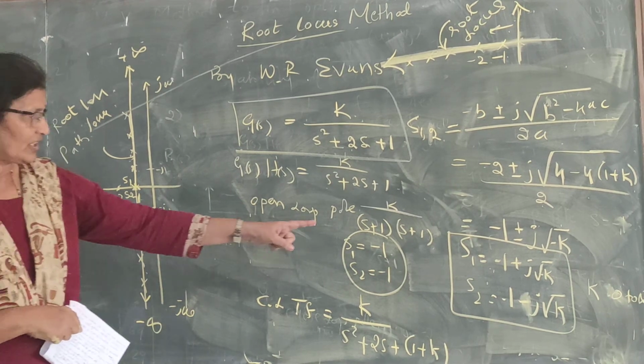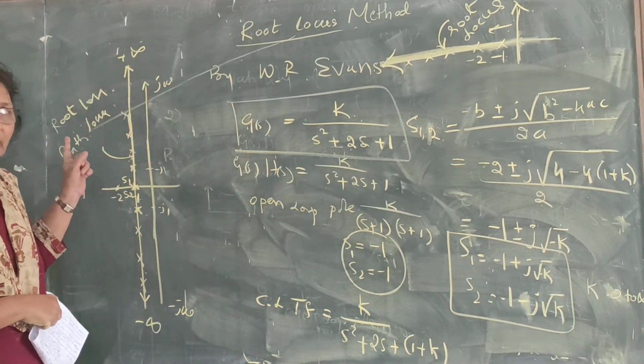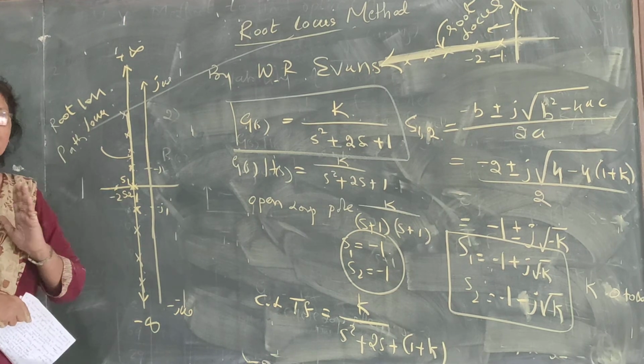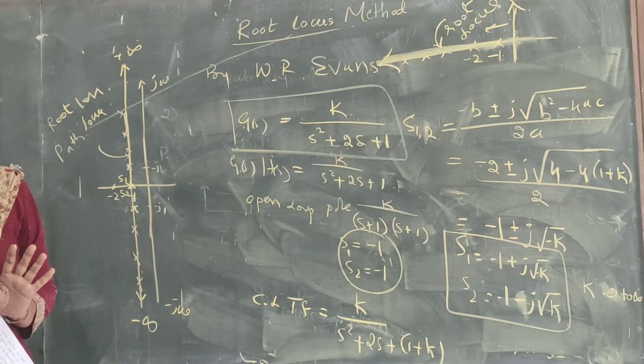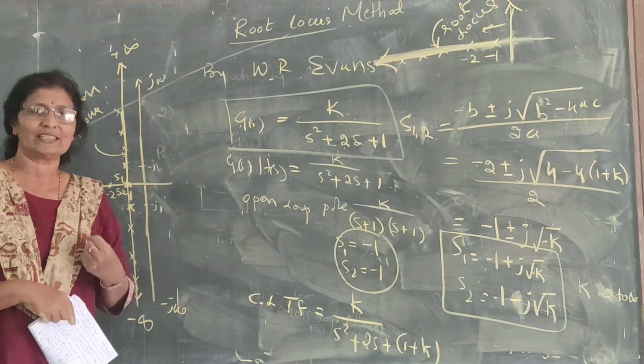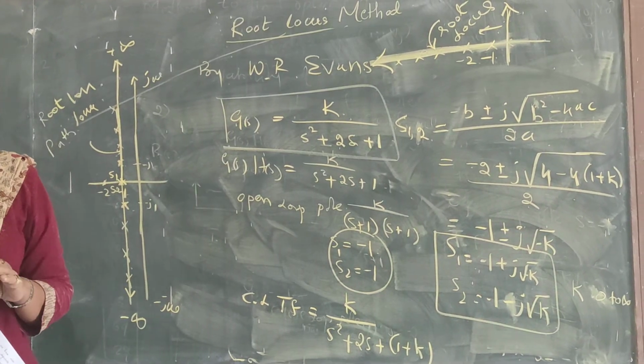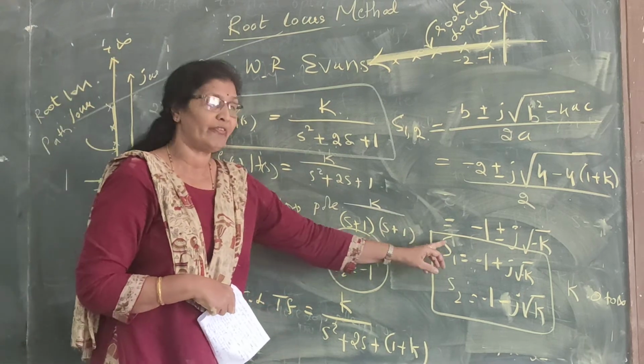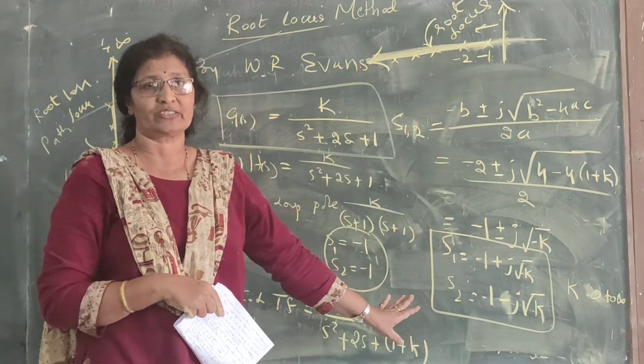So the effect of k on the system design is what? It keeps the system in a stable condition only, by varying the value of k. You can sketch the root locus of a simple system by manually evaluating the roots of the characteristic equation.